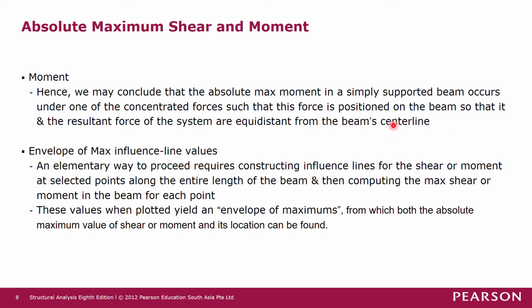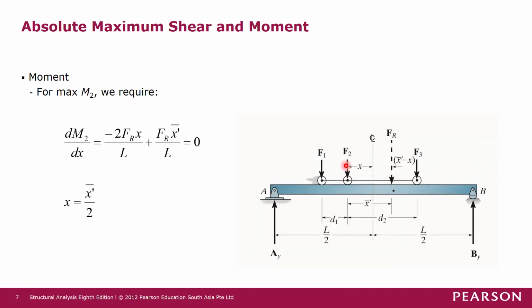It's quite a mouthful, but what it means is that if one of the forces is positioned in the beam in such a way that it produces the maximum moment underneath this force, then the distance from this force to the center line is half of the distance from this point force to the resultant force. So x is equal to half of the distance from this point force to the resultant force.